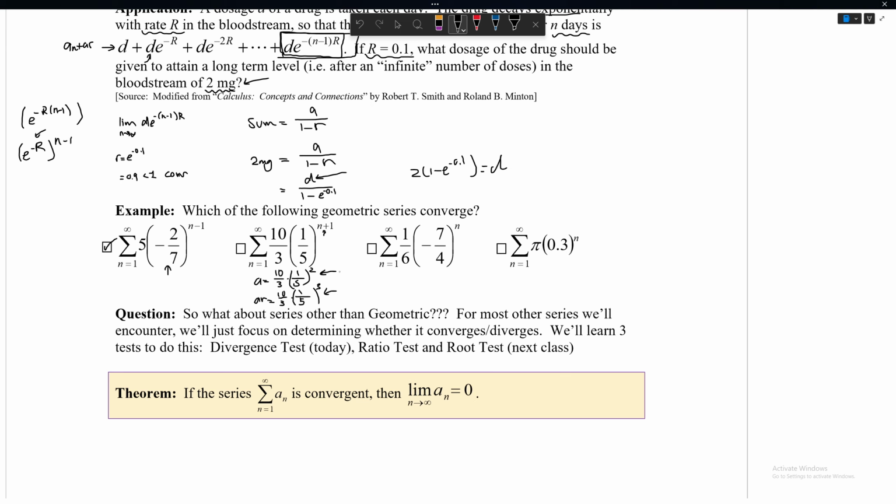So let's see what I'll get: 10 over 3 times 1 over 5 to the power 2, all divided by the same thing, 10 over 3 times 1 over 5, all to the power 3 this time.